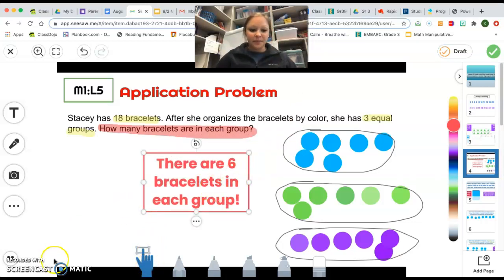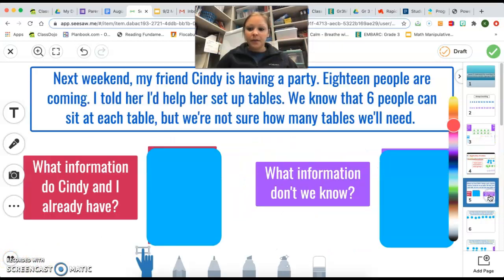Great job. All right. So here's our word problem that we're going to work with today. It says, next weekend, my friend Cindy is having a party. Woohoo! 18 people are coming. I told her I'd help her set up tables. We know that 6 people can sit at each table, but we're not sure how many tables we need.